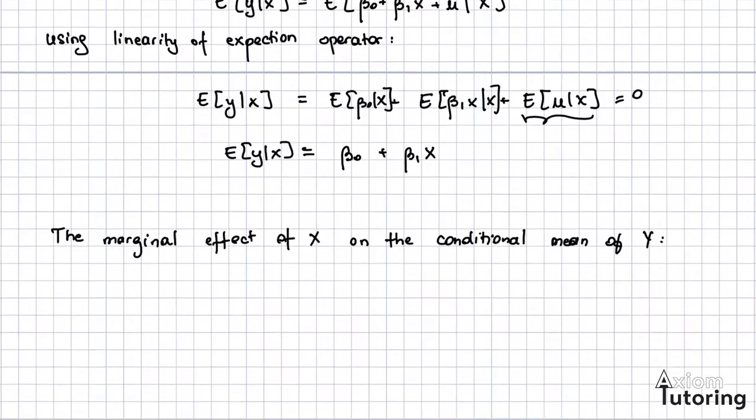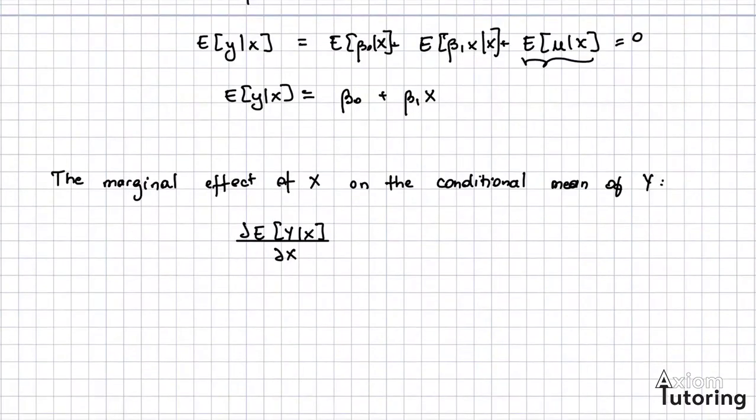of y. And that is going to be the derivative of the expectation of y conditional on x with respect to x. Now you know that the expectation of y on x is beta 0 plus beta 1 x.